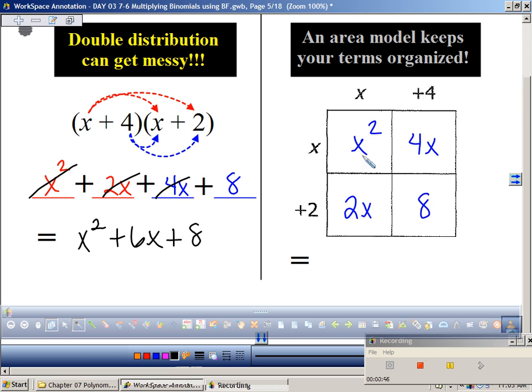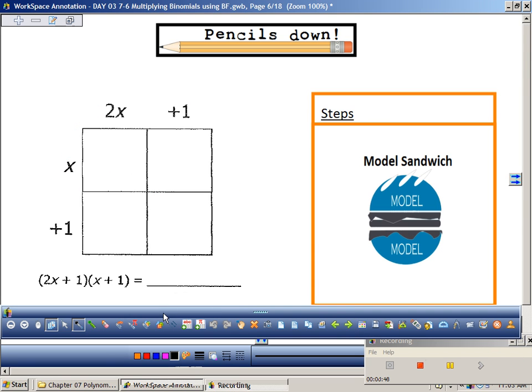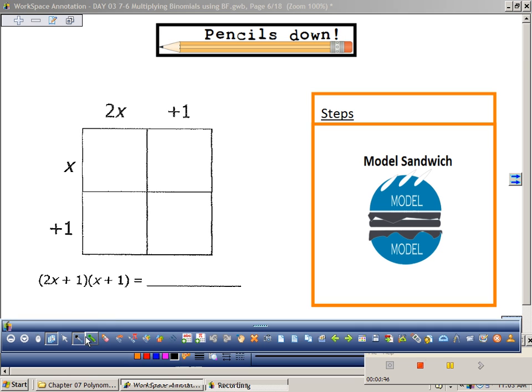Over here, it's kind of like a diagonal. I've got an x squared. That one's all by itself. I've got a 2x and a 4x. Makes a total of 6 x's, and then I've got an 8 by itself here. Okay, questions so far?